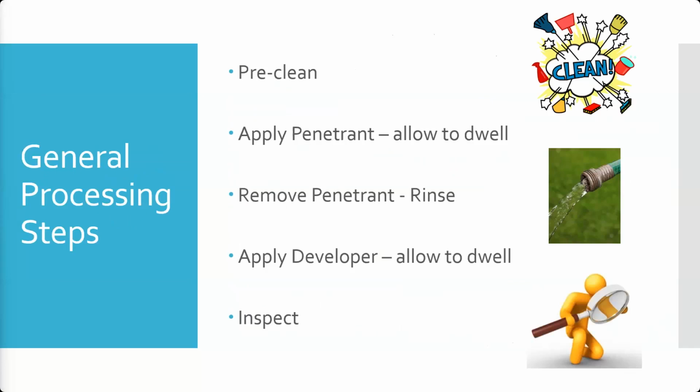If we're using a post-emulsifiable between applying and removing, we'll have to put our emulsifier on. Then after we've removed it, we apply developer and allow it to develop. Now, if we're using a dry powder developer, we have to dry it in between so that it doesn't clump all over the surface. And then finally, once it's allowed to develop, then we can do our inspection.